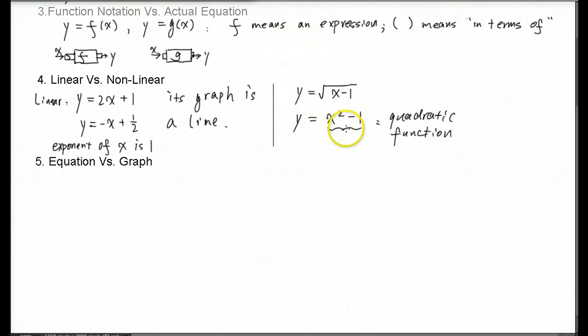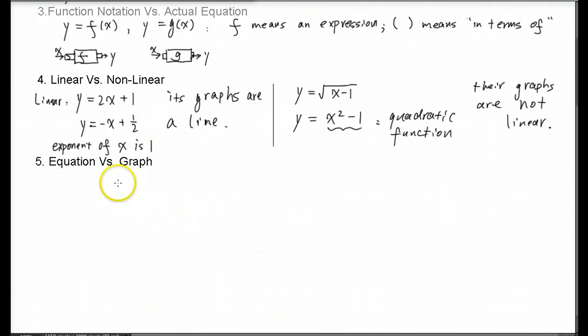If the expression is a quadratic expression, then the function is called a quadratic function. Its graph is not linear; it's not a straight line.